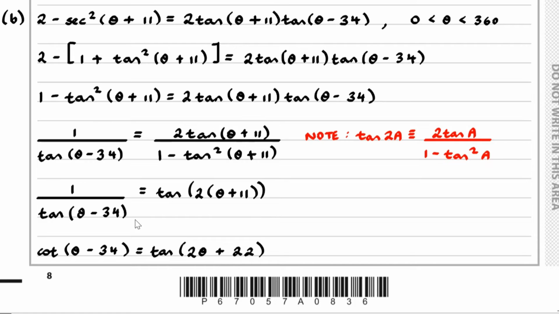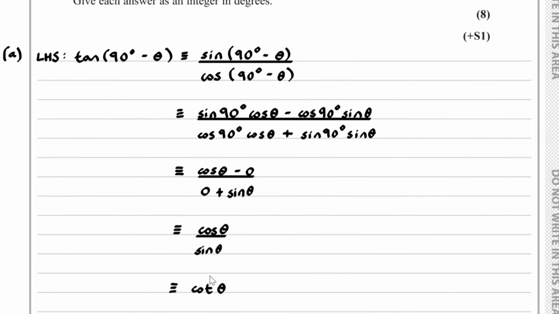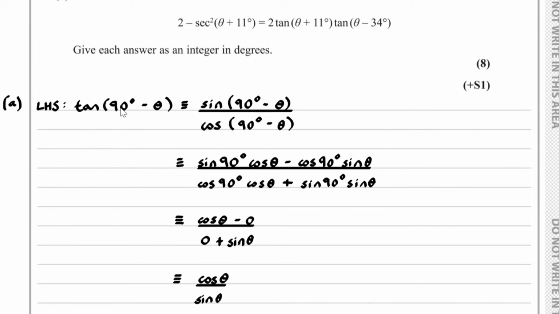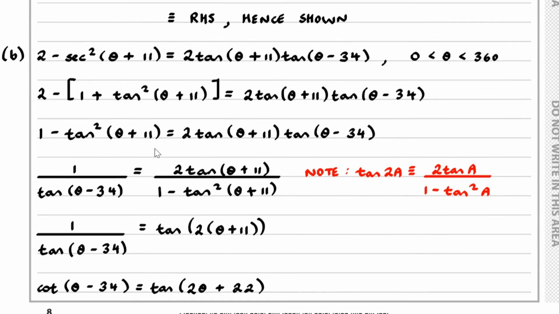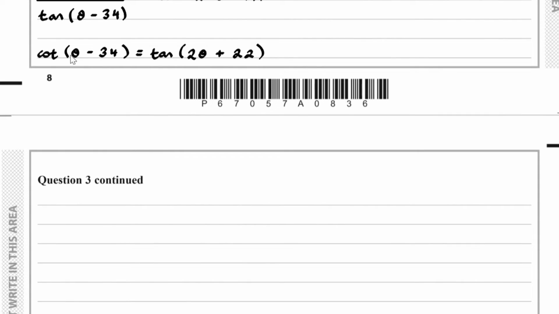Now, if we use what we found in part A, we know that cot theta is equivalent to the tan of 90 degrees minus theta. So the cot of theta minus 34, that is the same as the tangent of 90 minus theta minus 34, and that's equal to tan of 2 theta plus 22.